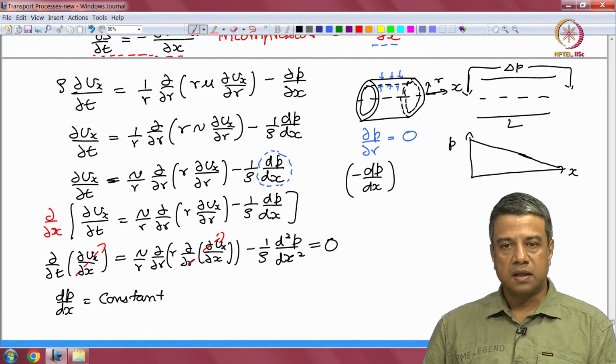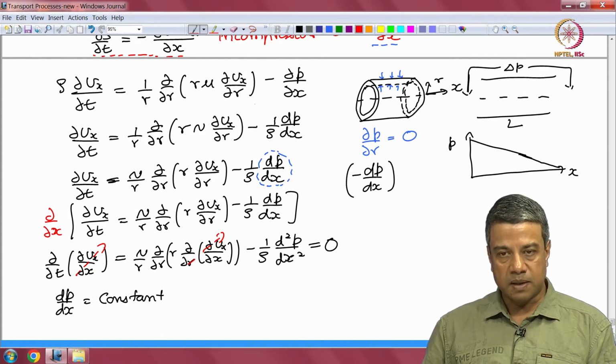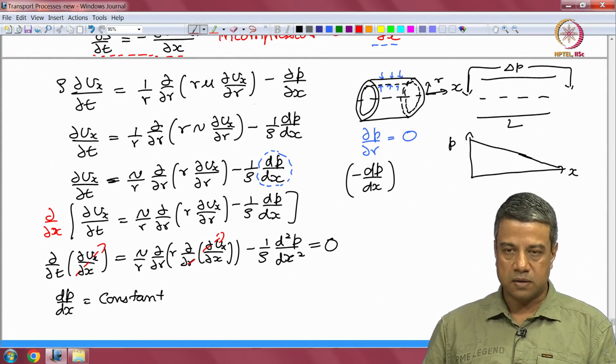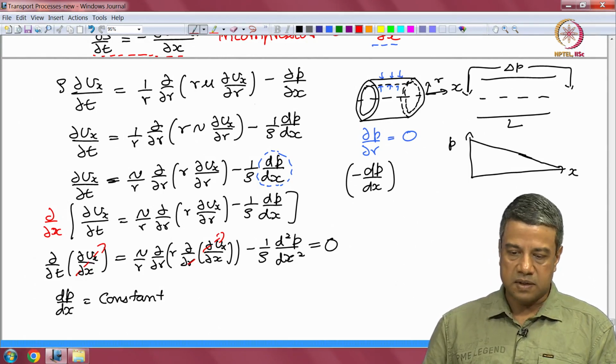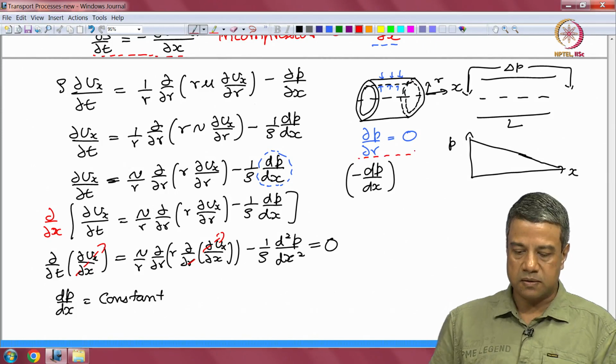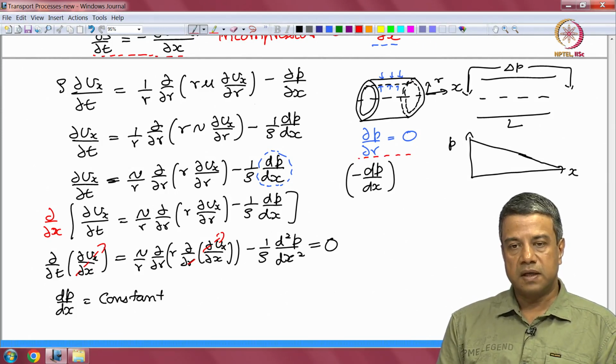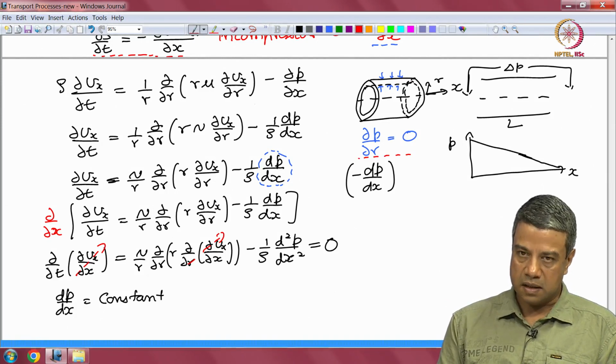The r momentum is actually 0 in this case, because the velocity in that direction is 0. So, all the momentum terms will be identically equal to 0, and therefore, you will just get the simple relation that the pressure variation in the radial direction is equal to 0. Pressure cannot vary in the radial direction r.